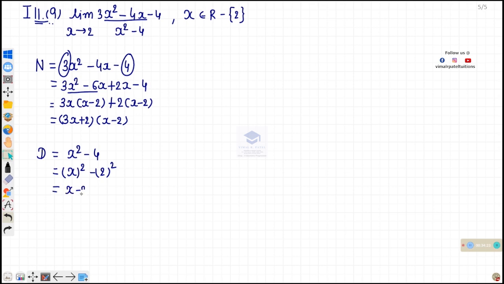So a minus b, a plus b: x minus 2 and x plus 2. So now it will be like this. Limit x tends to 2, in the numerator it is 3x plus 2 into x minus 2, upon x plus 2 into x minus 2. This will cut.